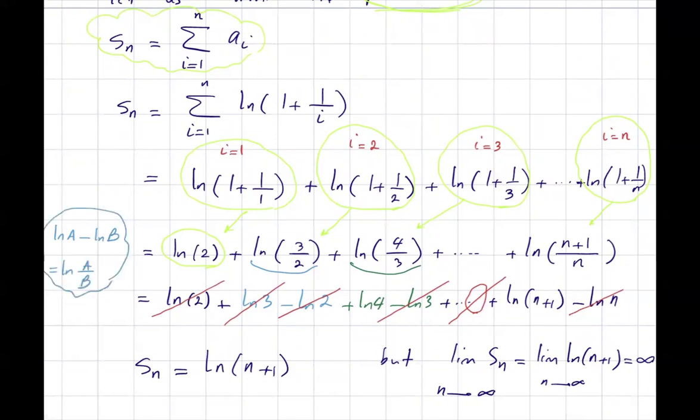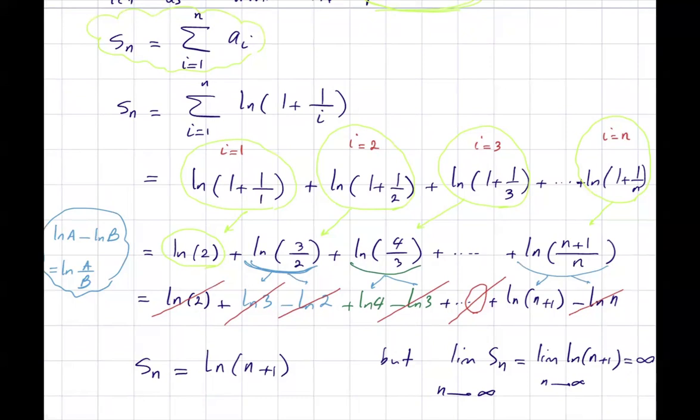So as long as you have the division, you get ln of a minus ln of b. That's how we broke up ln of 3 halves into ln of 3 minus ln of 2, ln of 4 thirds into ln of 4 minus ln of 3, and ln of n plus 1 divided by n into ln of n plus 1 minus ln of n.